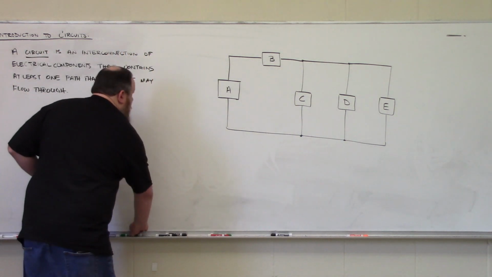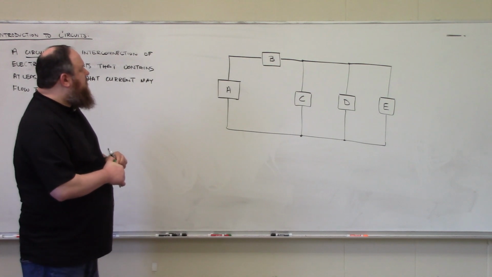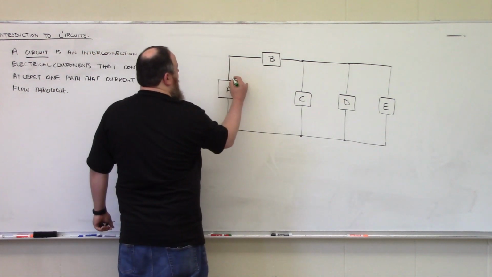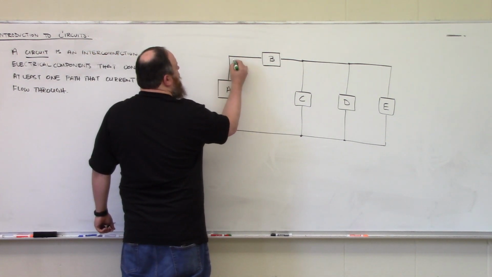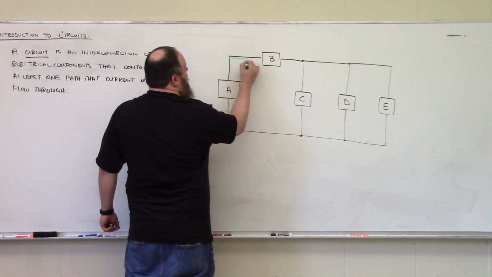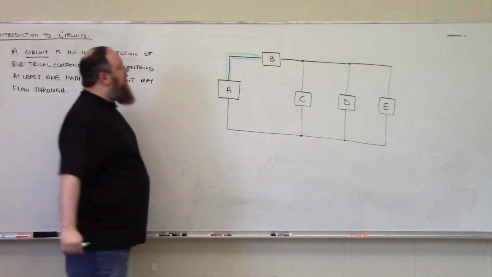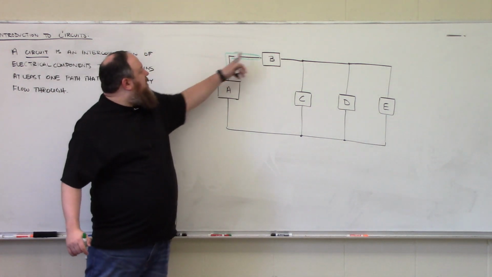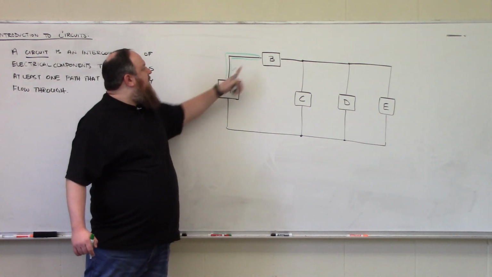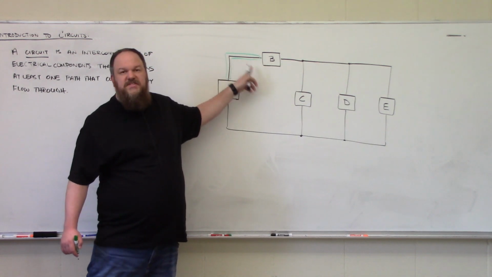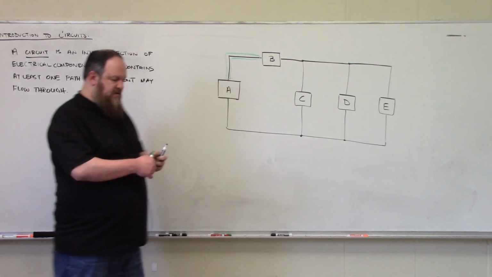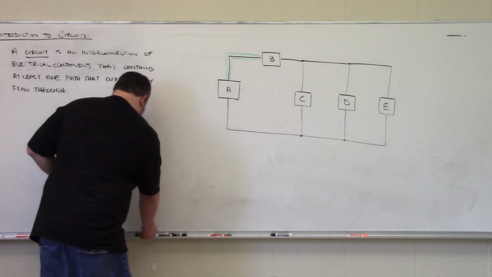And what I like to do to identify nodes is I start at one circuit element and then follow along the connection to the next circuit element and then circle back. So this whole connection between element A and element B represents one node. Okay, so the node is the point of interconnection.